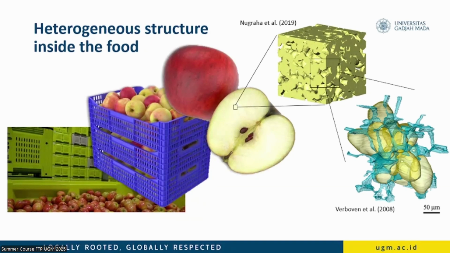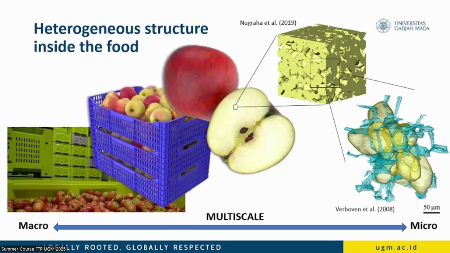So this is Verboven. Actually, it should be from the previous lecture. Okay. So the structure ranges from macro to micro.